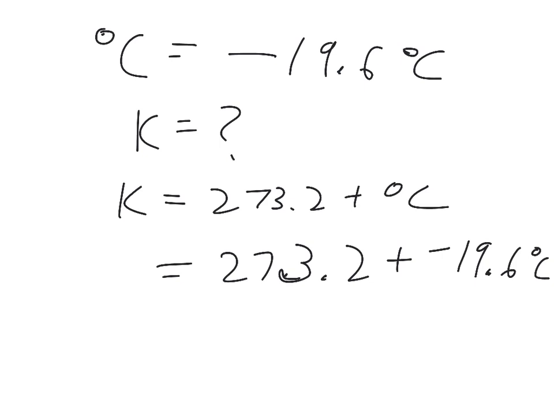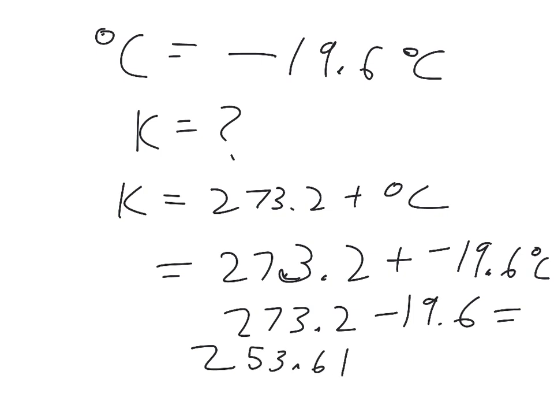Remember, adding a negative number is the same thing as subtracting. So 273.2 minus 19.6 gives me, again, I'm going to use my calculator here. Nothing wrong with using your calculator. I encourage you to use your calculator. No point in missing easy points. Gives you a temperature of 253.6 Kelvin. Chemistry's easy, life is hard.